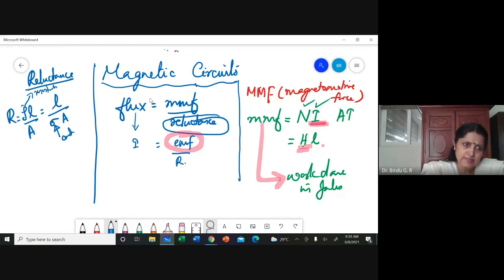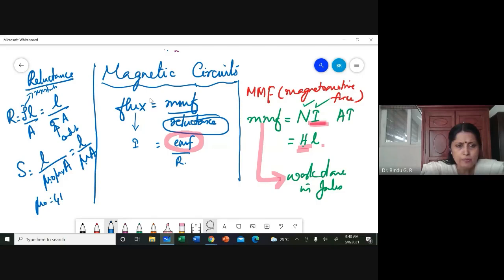It is the conductivity. Similarly, S is equal to, yesterday we discussed this equation, L by mu 0 mu r into A, or L by mu A, where mu is the absolute permeability, mu 0 is the permeability of free space, mu 0 is 4 pi into 10 raised to minus 7, and mu r is the relative permeability.